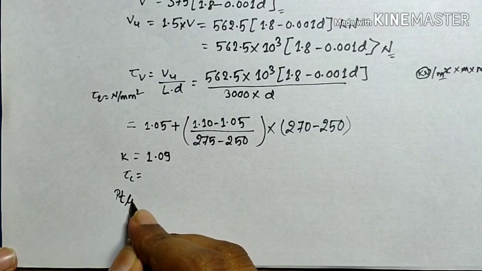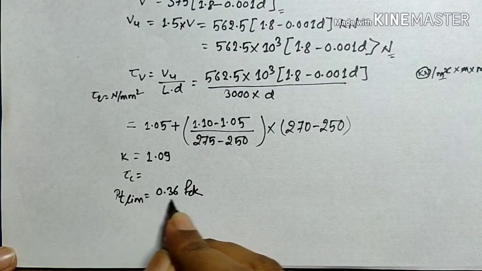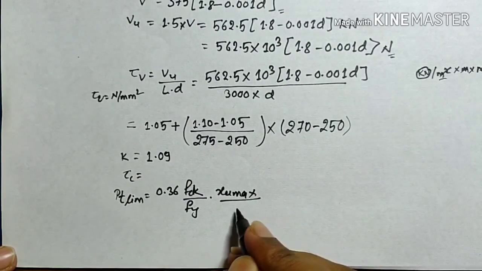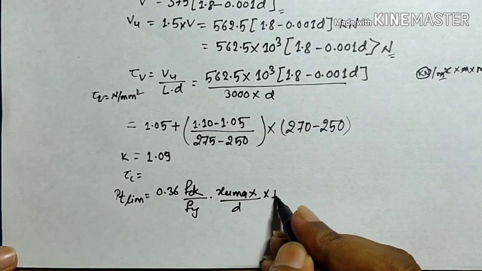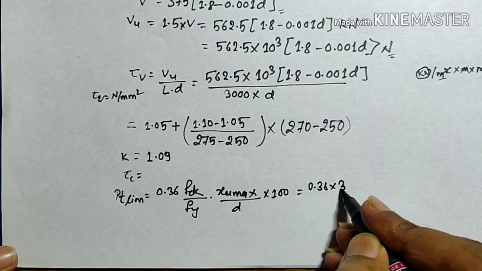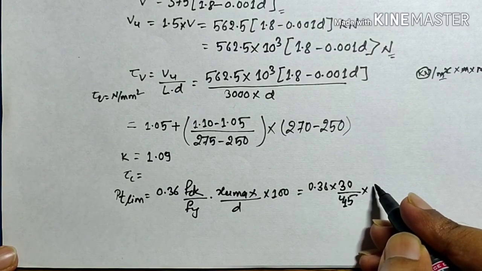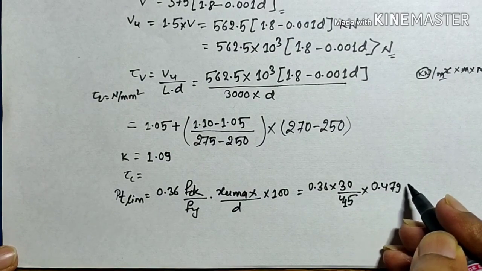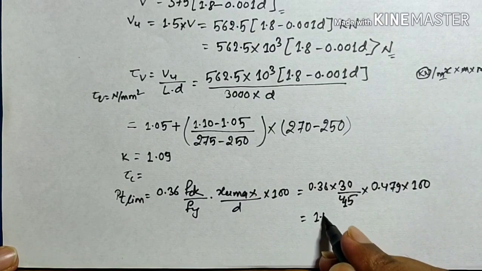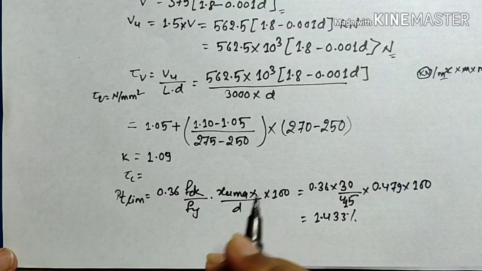PT limit equals 0.36 fck by fy times xu max by d into 100. Now put the value, 0.36 into fck is 30 upon 415 times xu max by d is 0.479 into 100. We will get the value of PT limit as 1.433%, and let us assume that this is our limiting percentage steel.